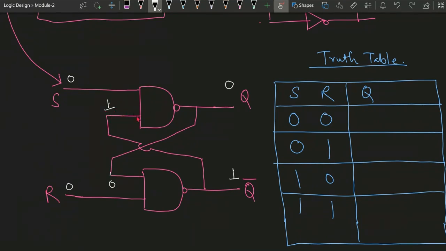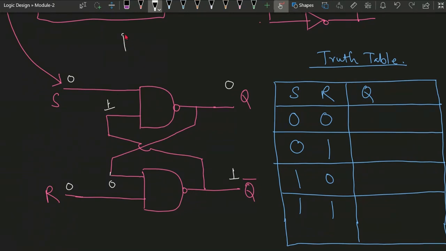Now we will verify, for initially stored 0 and 1, what the change in the output is by putting S equals 0 and R equals 0. If both inputs are 0, what is the effect on the output? Because it is a NAND, it is AND and then NOT.